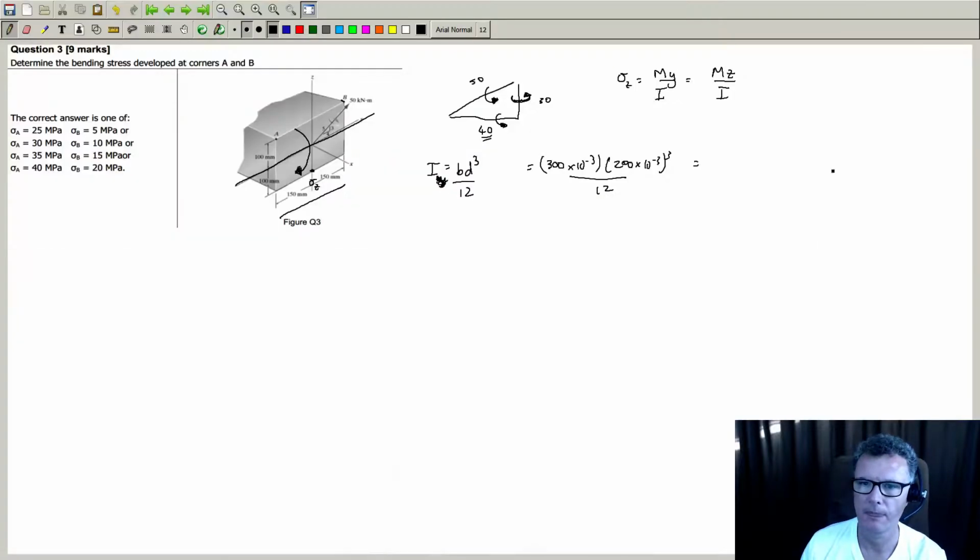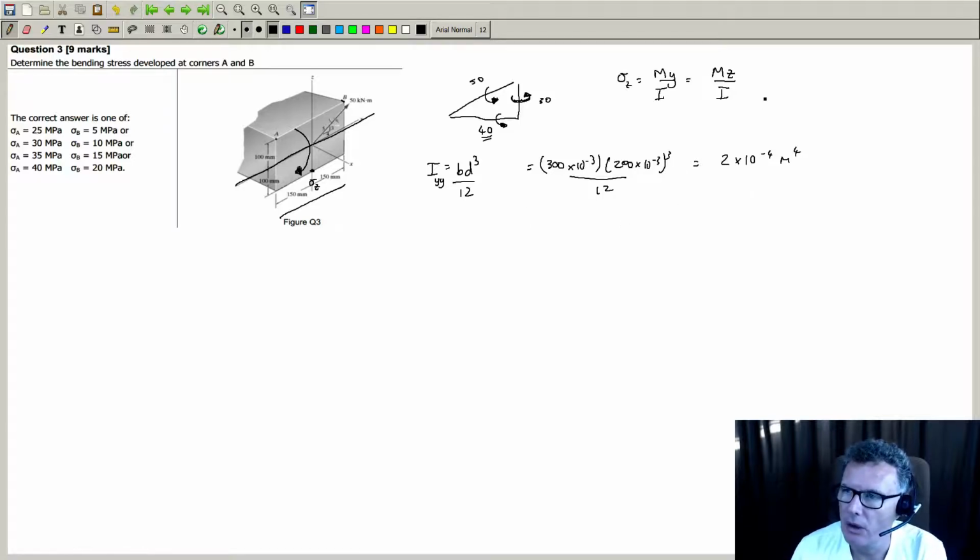So it is YY. So that's all hunky-dory, and that will be 2 times 10 to the minus 4 meters to the power 4.